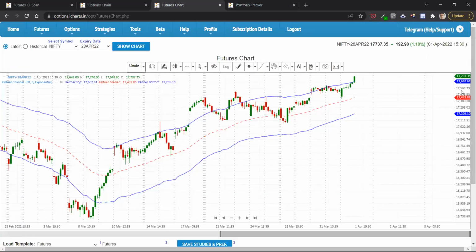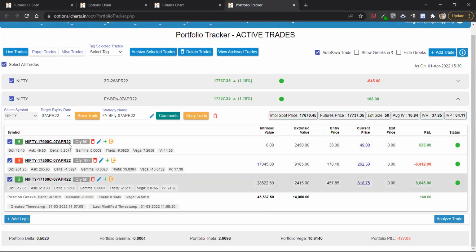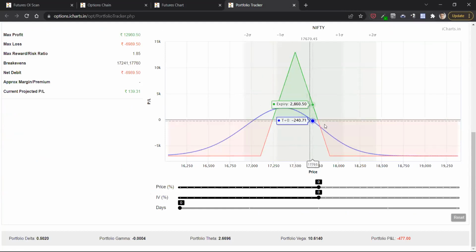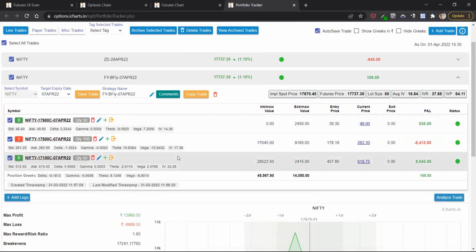The 17.5 call is shorted here, I've bought 17.1 below, and bought another one above at 17.9. Currently this is neutral, obviously. Now the price is going over here, once it starts to go outside this break even, and the market is bullish.